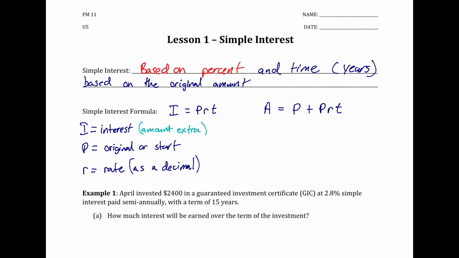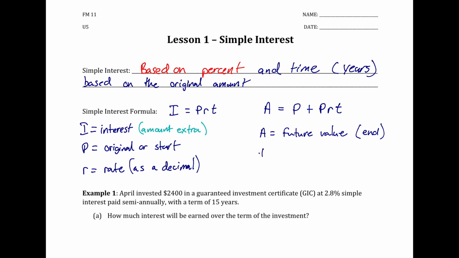A couple other ones here to finish it up. A is sometimes known as the future value, or basically the end, wherever we're calculating our total amount. What's the total amount of money we have now? Because we gained some in our investments. And I think that's all the letters I need to describe.